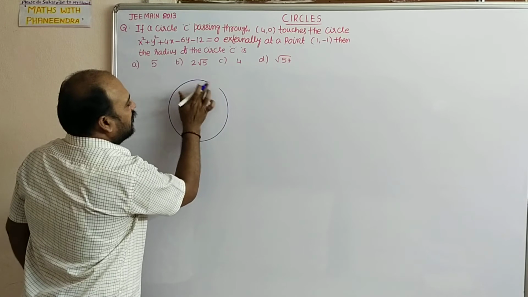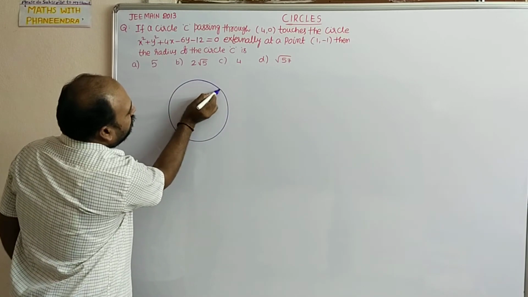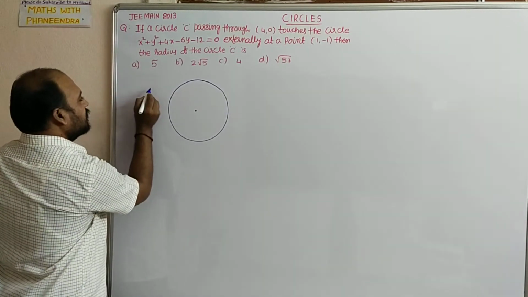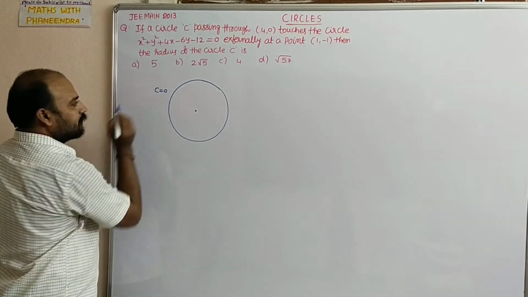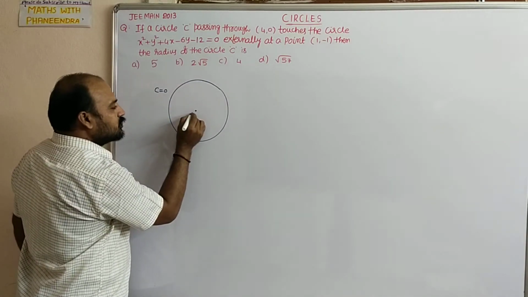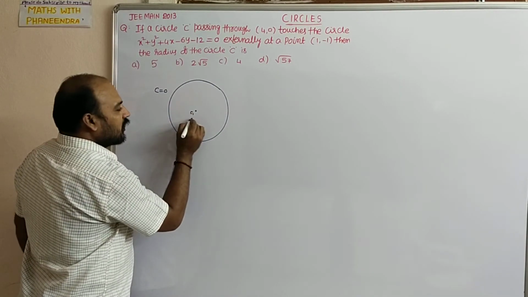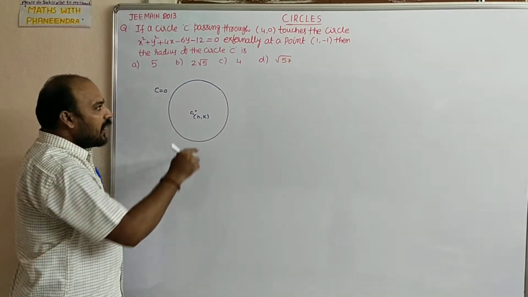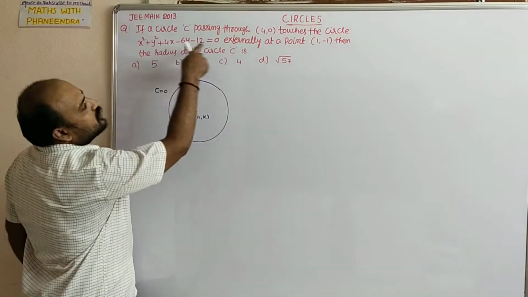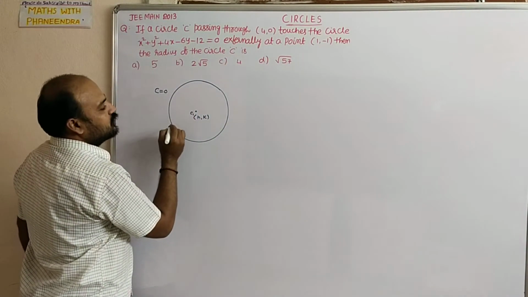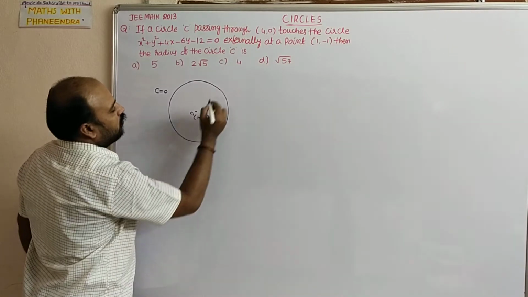This is the first circle, whose center we don't know. This is the C equal to 0 circle. Its center, for the first circle, I am assuming is C1, which I am taking as h, k. And this circle is passing through which point? 4, 0. So somewhere I am taking here 4, 0.